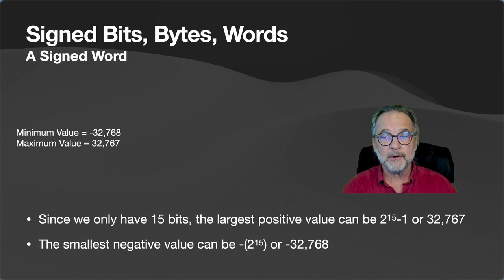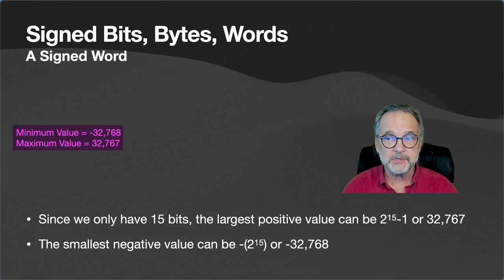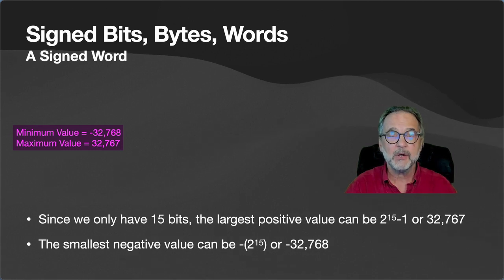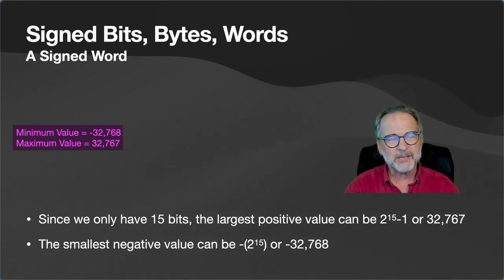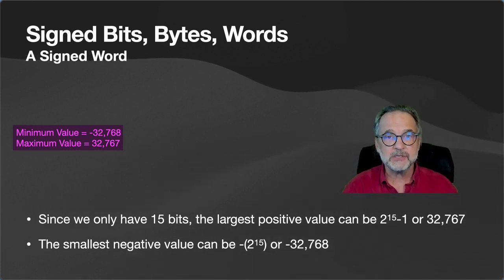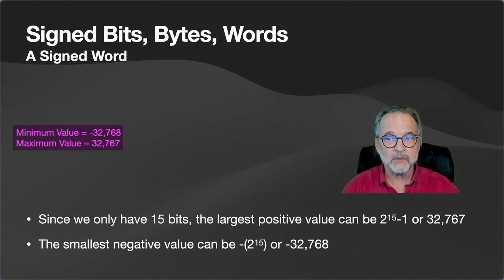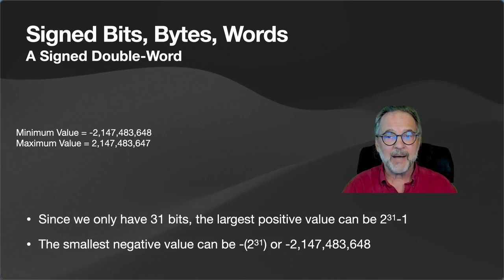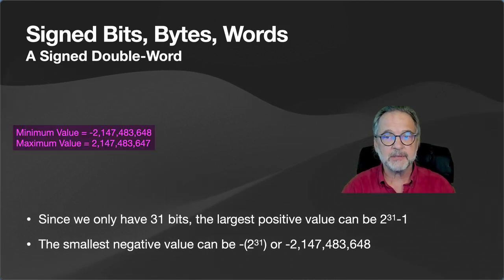In a word, the largest number is 2 to the 15th minus 1, or 32,767. Actually, I believe that's 32k minus 1. And then the smallest negative is 2 to the 15th negated, or negative 32,768. A double word, minus 2 billion to plus 2 billion.